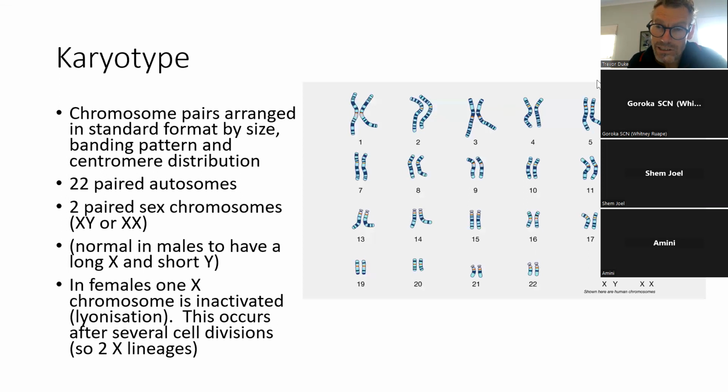This is a schematic picture of it, but it shows that all karyotypes are arranged in a similar way: 22 pairs of autosomes and 2 sex chromosomes, so either XX or XY.